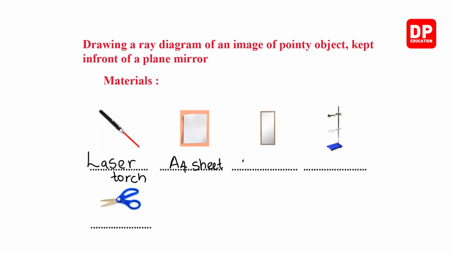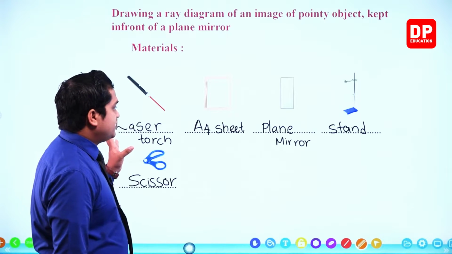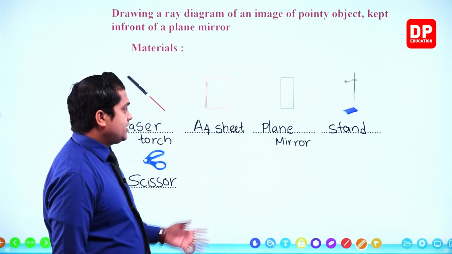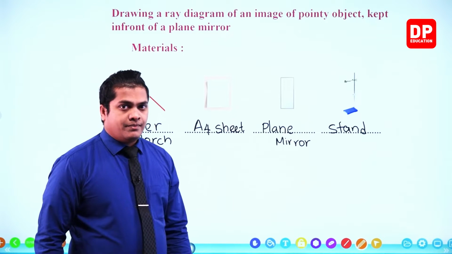Of course, we'll be needing a plane mirror, then a stand to fix it. Then a pair of scissors, because if we want to cut the A4 sheet, we have to use the scissors. So you'll be needing a laser torch, which we are using as the point object, then an A4 sheet, a plane mirror, a stand, and a pair of scissors.